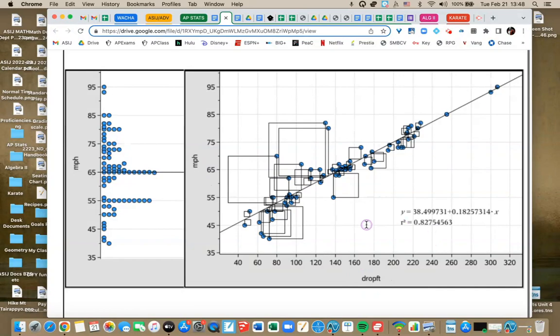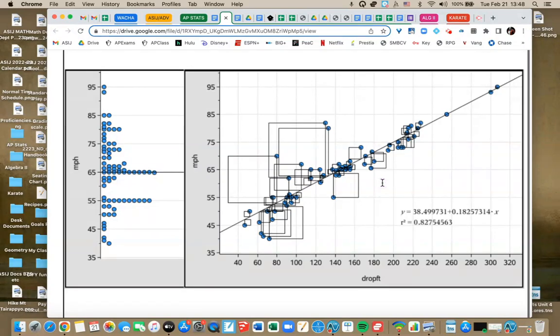But there are other factors that will account for the other percentage, the extra 18% or 17% is coming from other factors. Like I said, the type of roller coaster, the type of track, who knows what, all kinds of things probably can go into that. How good the wheels are, how lubed up they are.